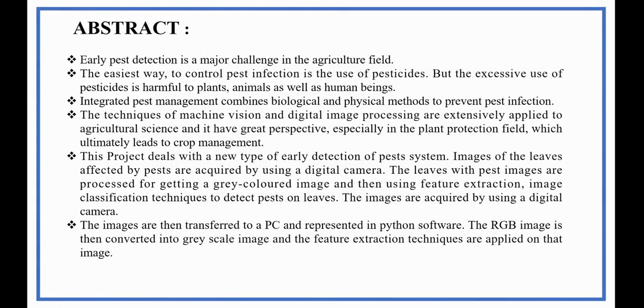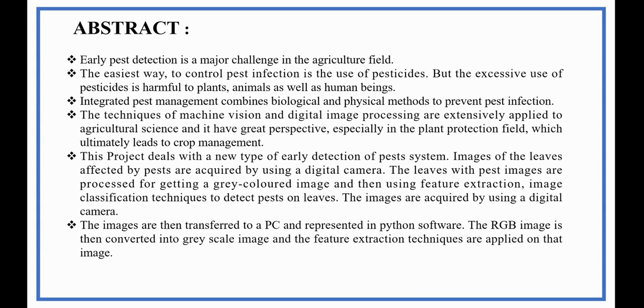Abstract. Pests are a serious threat in agriculture. While pesticides are commonly used to tackle infestations, overuse can harm the environment. In this project, we aim to develop an intelligent system for early pest detection using image processing and deep learning.